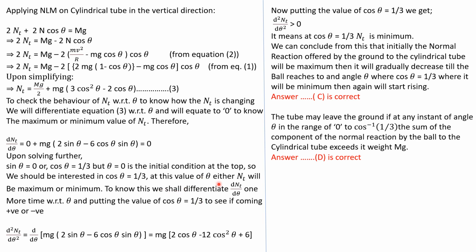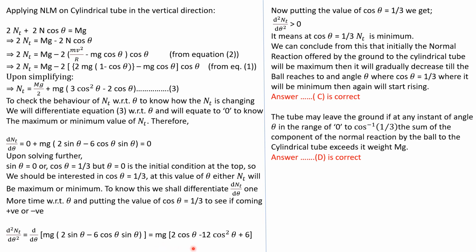At this value of theta, either the normal reaction by the ground to the tube will be maximum or minimum. So how to know this? To know this further, we will differentiate dN_T by d theta one more time with respect to theta, means d2N_T by d theta square.